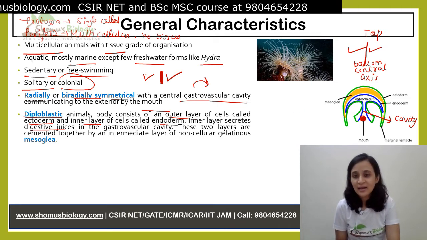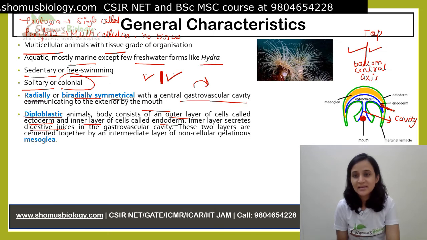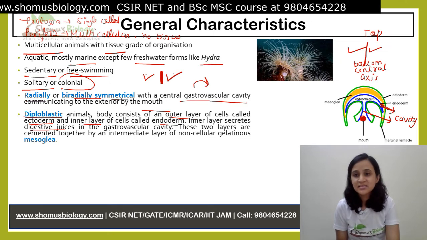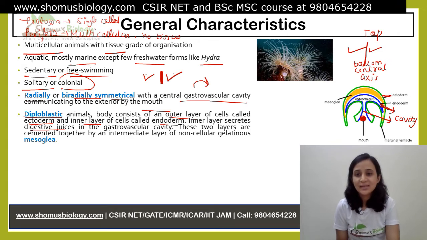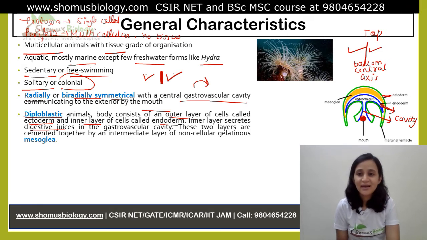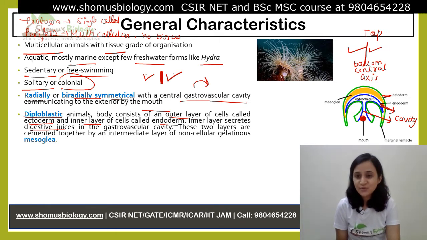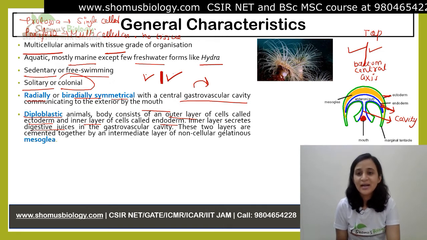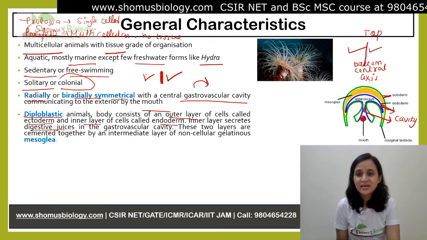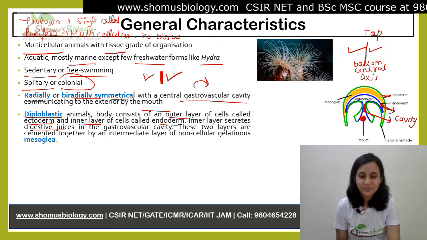In this picture, this blue layer is the endoderm and this green layer is the ectoderm, and the endoderm cells secrete the digestive juices. Since this is the cavity, obviously those juices will come to the cavity, right?